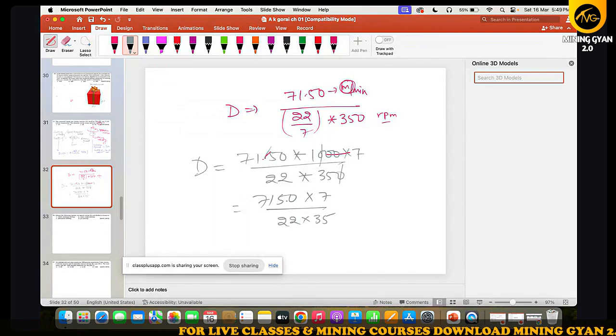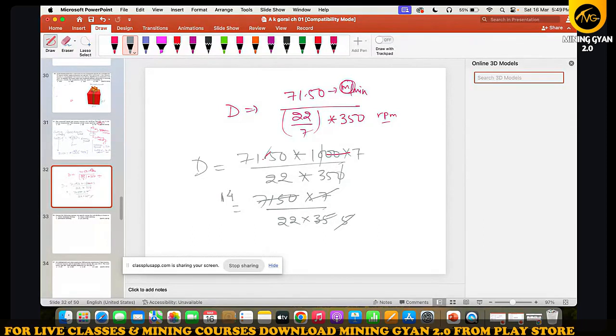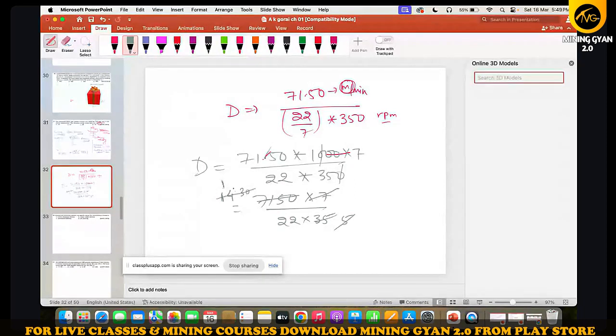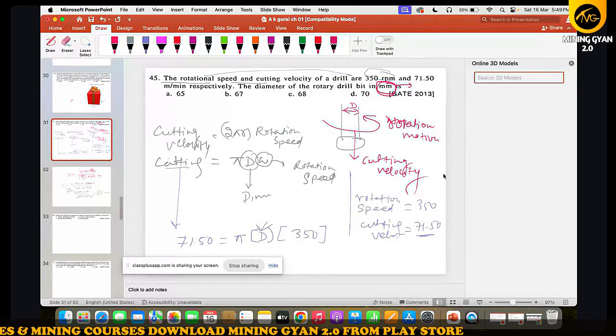Okay, 5. So diameter in mm: 6.5 is in centimeter, not in mm. Multiply with 10, you will get your answer.